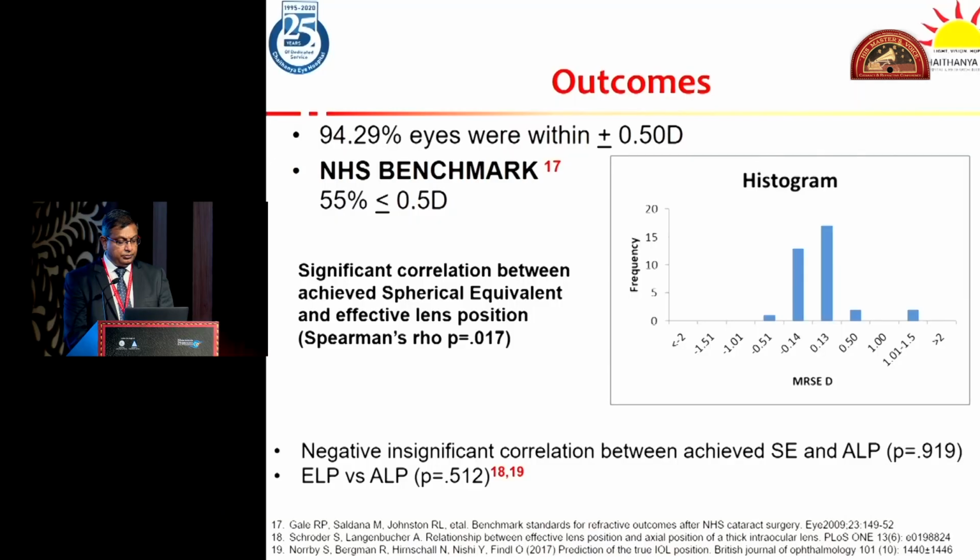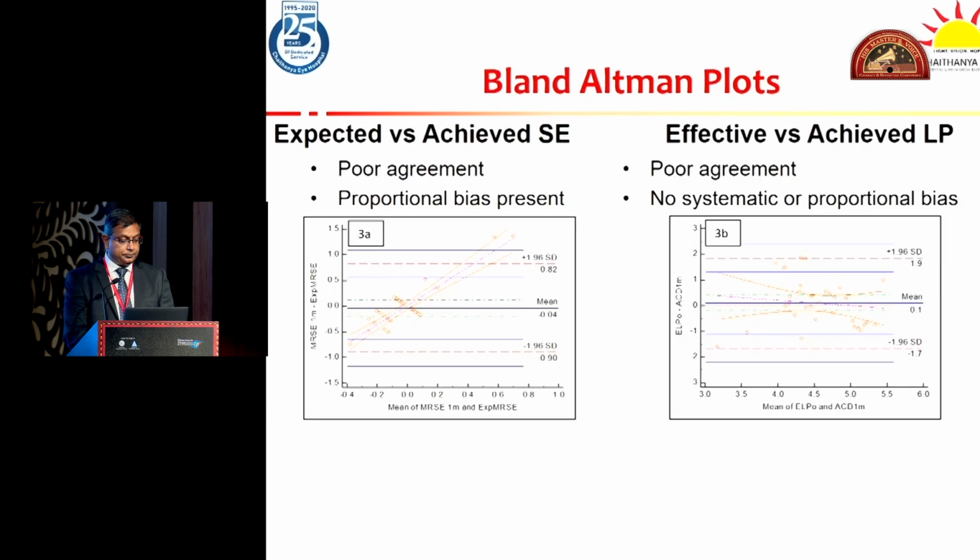There was a significant correlation between the achieved spherical equivalent and the effective lens position, and a negative but insignificant correlation between the achieved spherical equivalent and the achieved lens position. ELP versus the achieved lens position was not statistically significant, and I'll explain why.